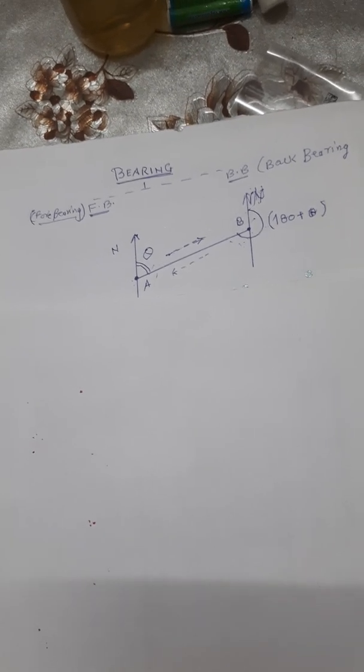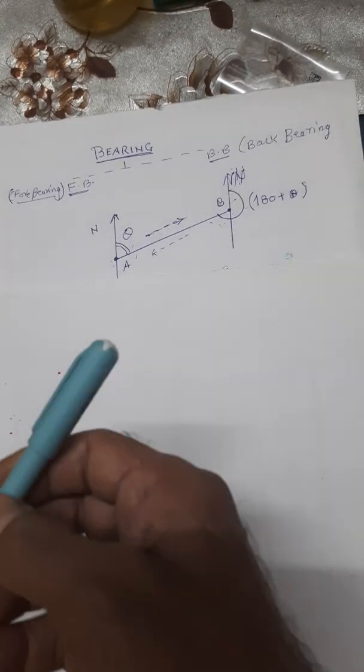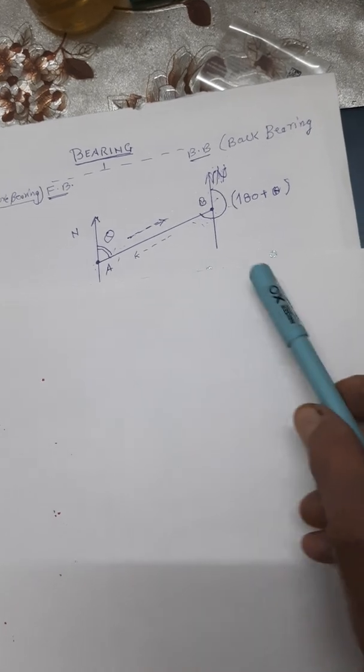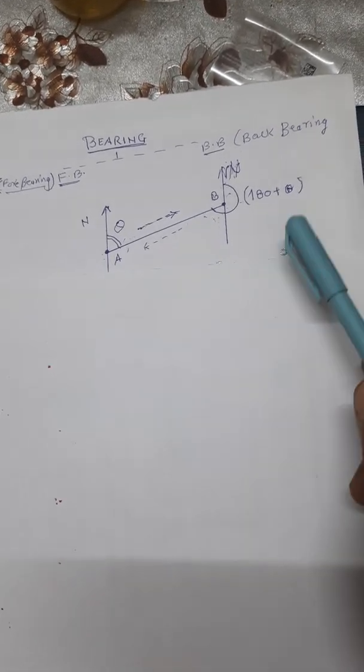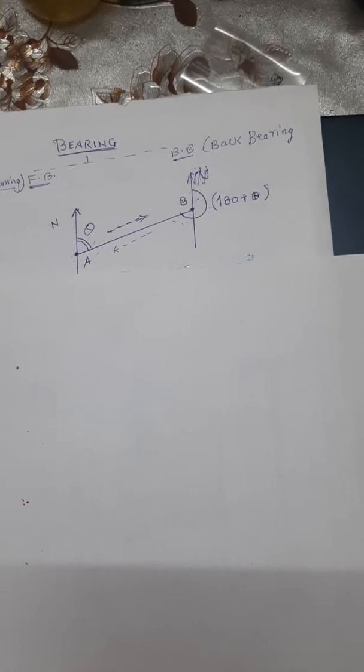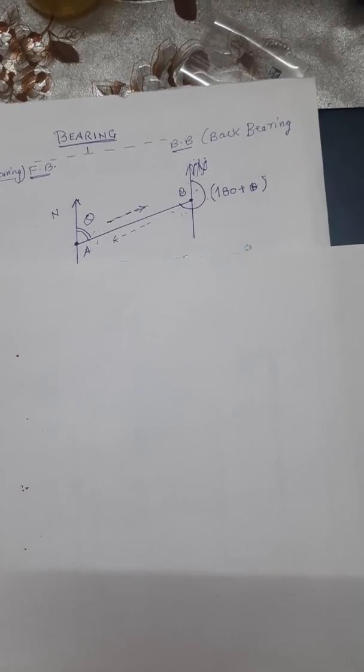So it should always be taken into consideration that the bearing of a line taken in the direction of the progress of work is called the forebearing, and in the reverse direction we call it the back bearing of line AB, and the difference between the forebearing and back bearing of the same line is always 180 degrees.